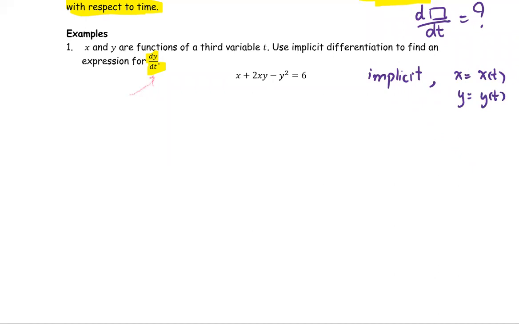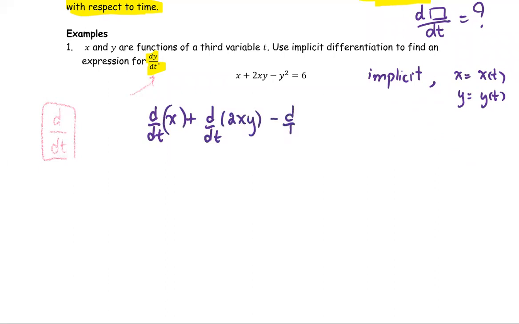Based on implicit differentiation, the first step is to find the derivative with respect to time. That means you have 4 pieces. We're going to find d by dt of x plus d by dt of the quantity 2xy minus d by dt of the quantity y squared equals d by dt of the quantity 6, term by term.